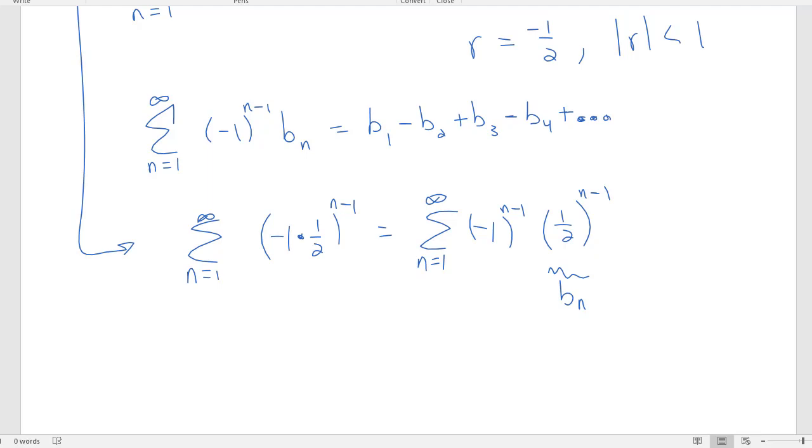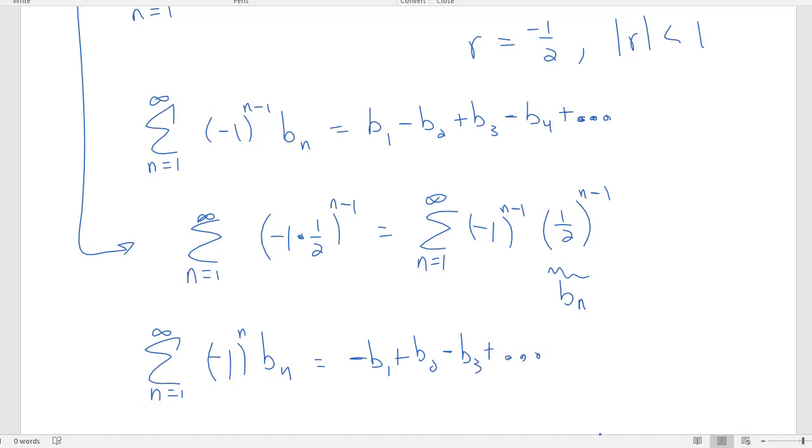Now, technically, the terms don't have to start out positive. I mean, they could start out negative. So you might see another textbook also write this like (-1)^n b_n. And so that causes the first term to be negative. So I would have -b_1 plus b_2 minus b_3, so on and so forth.